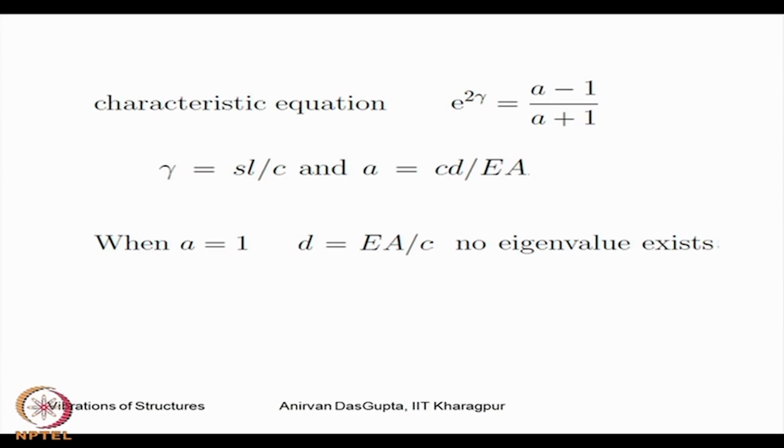So, it must be minus infinity. So, there is no finite value of gamma. We will say that there is no existence of an eigenvalue when A equals 1, and A equals 1 when this damping coefficient D takes on this very special value E A over C. So, for this problem we did not have eigenvalues.